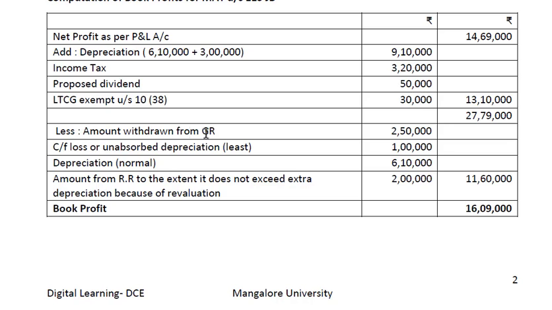Less amount withdrawn from general reserve. Carried forward loss or unabsorbed depreciation, whichever is less. Then amount from revaluation reserve to the extent it does not exceed extra depreciation because of revaluation. So we get the book profit.